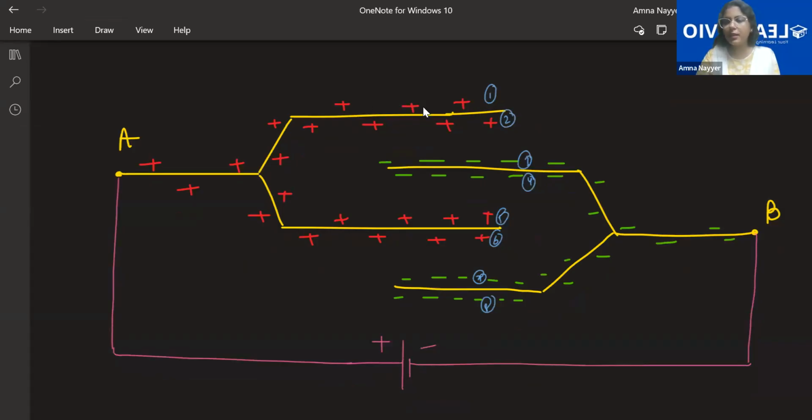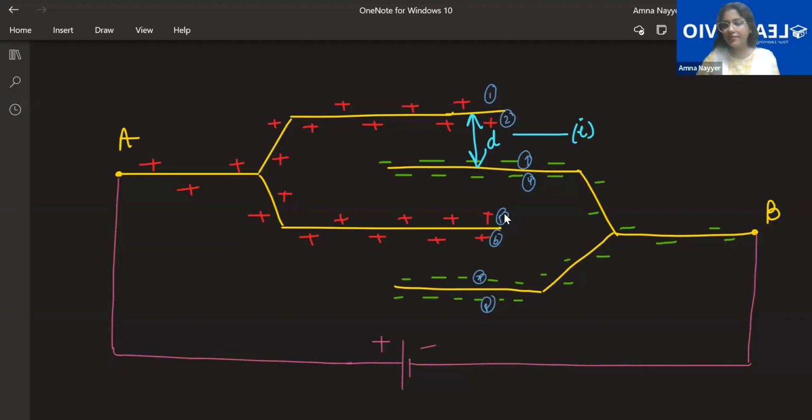It's just a single plate. A single plate will never form a capacitor. 2 and 3, both of these are separated by a distance d. Let's assume they are separated by a distance d. This will form one capacitor, positive plate, negative plate.